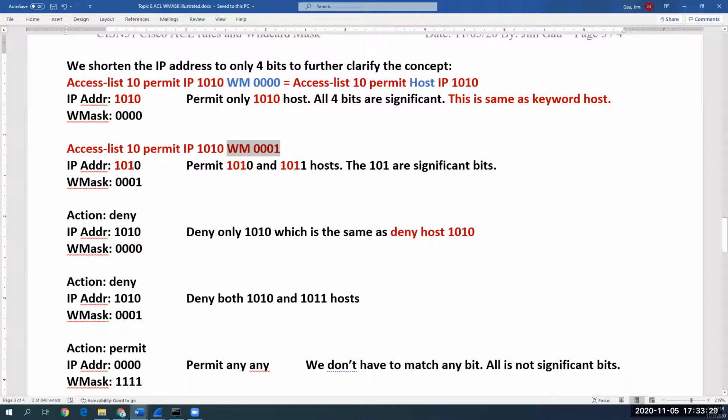That means everyone, if you want to apply to this rule, you must have 101 in your card. And the corresponding bit of 0 towards the 1 in the WM, it must be a 0 as a placeholder because we don't care. This is insignificant. Therefore, we don't care about your fourth bit. It can be 0, it could be 1. As long as you match all the significant bits, which in this case is 101.